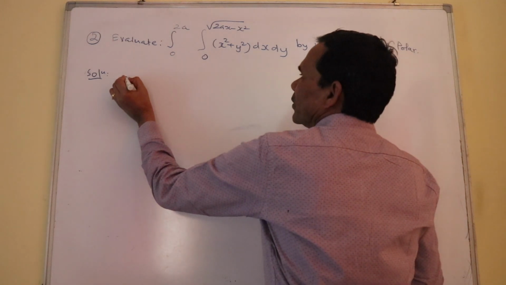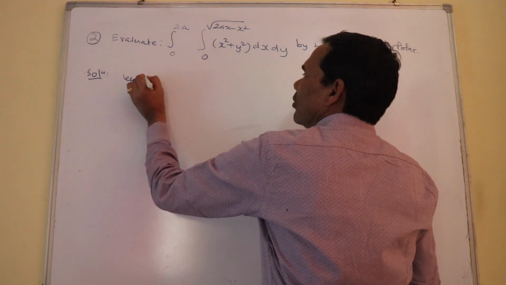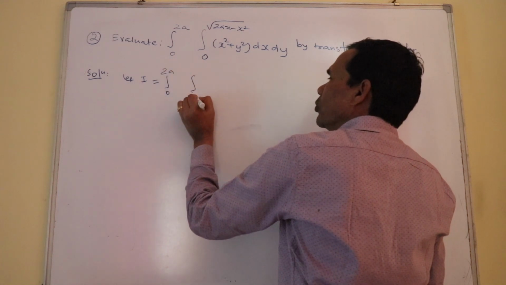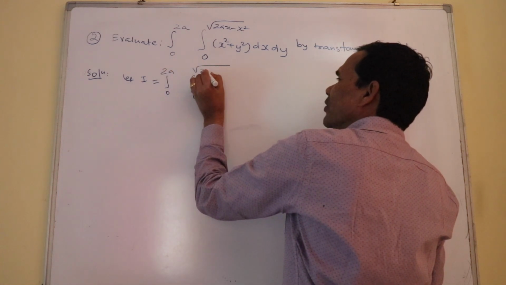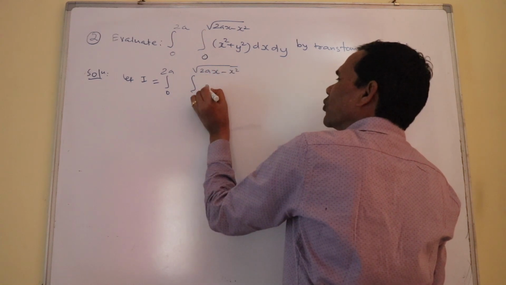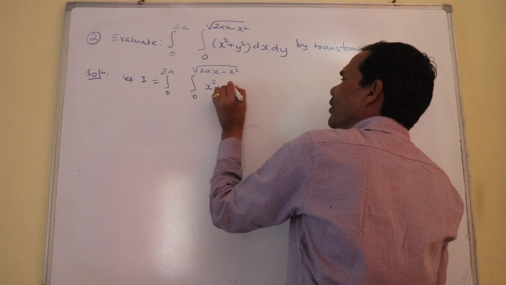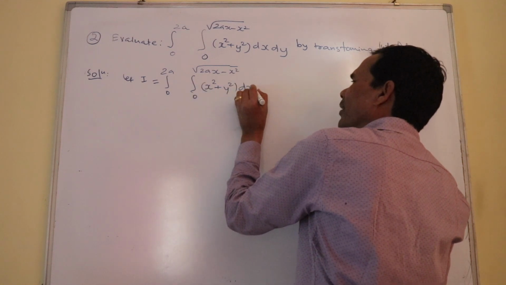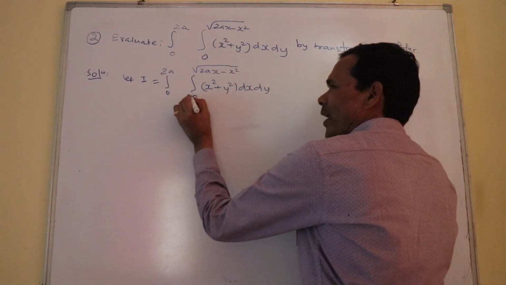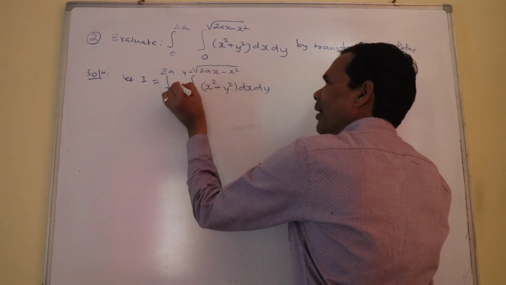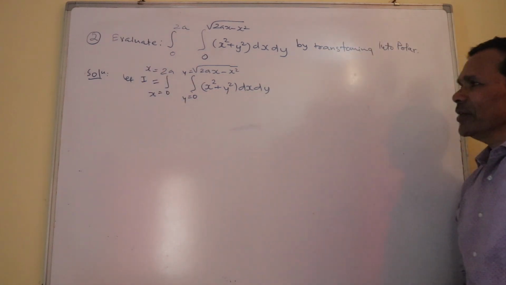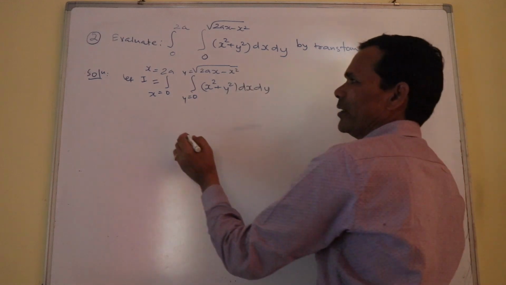In fact, it is given, let I be the integral 0 to 2a, 0 to root of 2ax minus x square, of x square plus y square dx dy. So if you observe this, this is a function of x, so naturally these are the limits for y here and these are the limits for x. So we just list out the boundaries here. By Cartesian it is rather complicated.